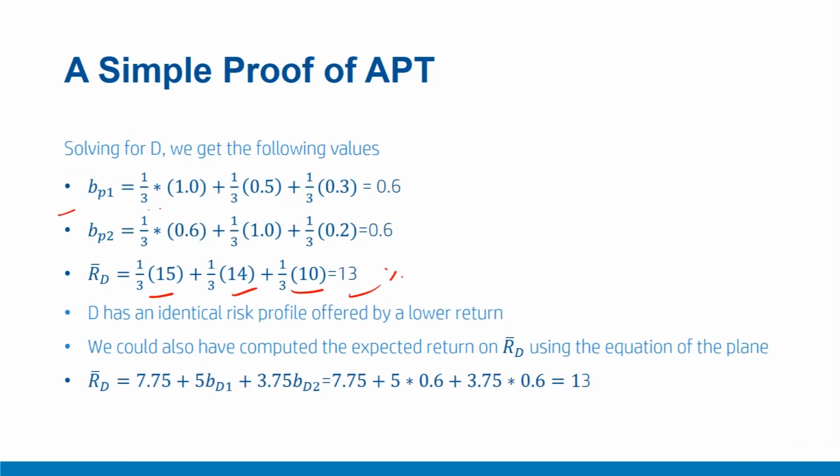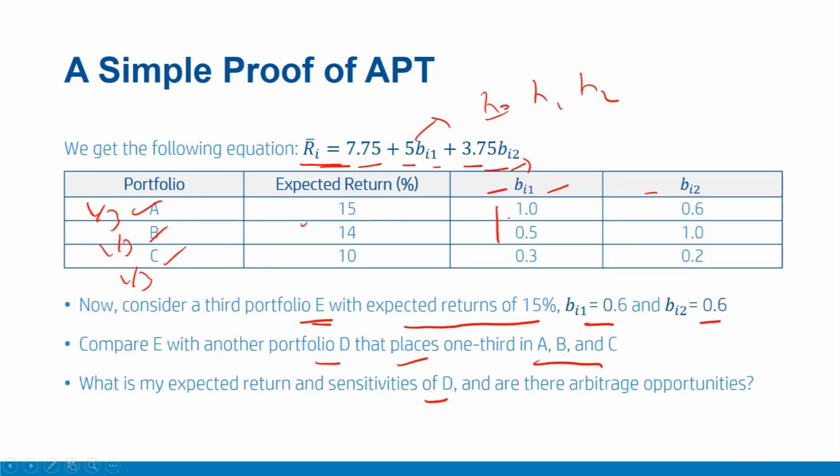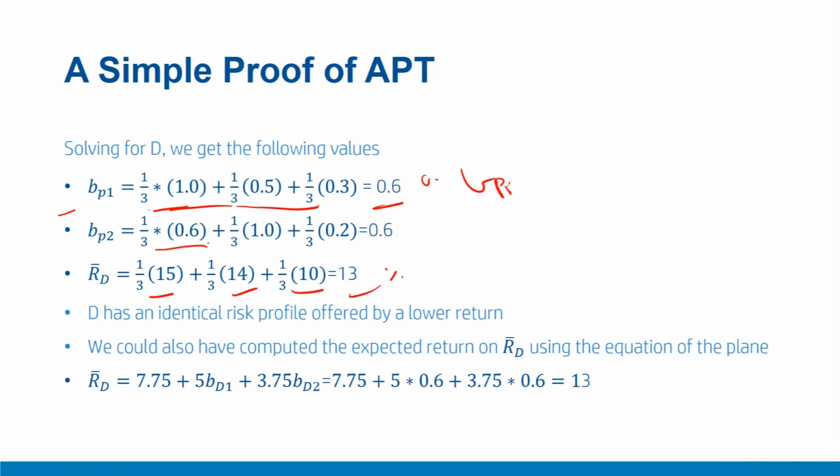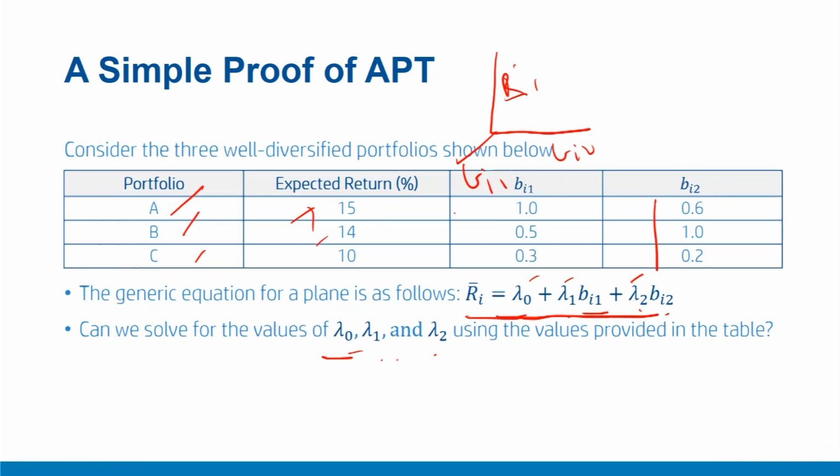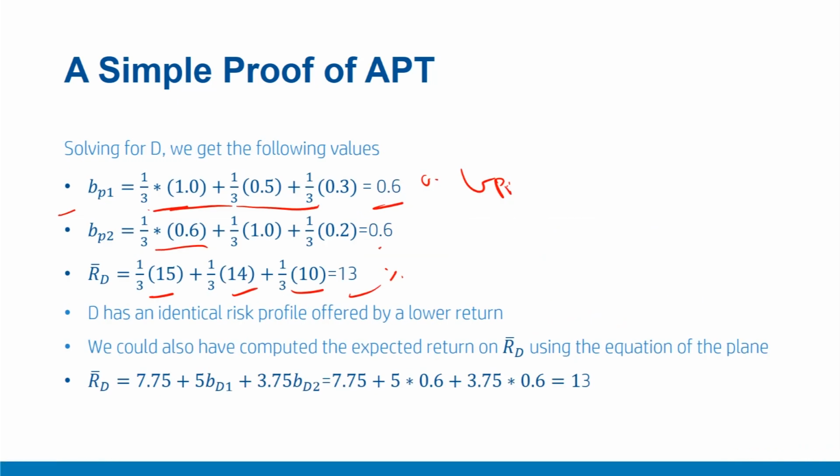For example, for this portfolio, we can call it bp1, since it's a portfolio. bp1 is 0.6, which is nothing but a simple average of these 3 values, and similarly for bp2, we can compute the simple average of these 3 values to get 0.6. Although we could have computed the expected return easily with this equation of the plane by substituting values, a simple average would also do. So the expected return is 13%, and sensitivities are 0.6 and 0.6 with respect to index I1 and I2.